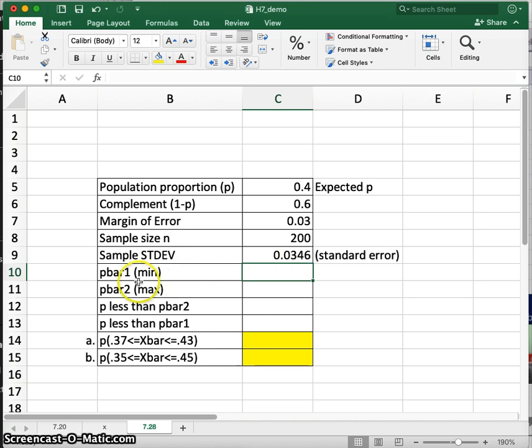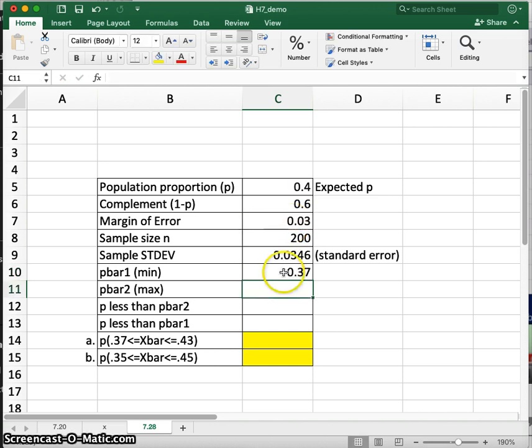Right now I want to figure out what my minimum P bar would be in this problem. It would equal my expected P, which is 0.4, minus 0.03. If 0.4 is the population proportion, or we're assuming that it is, then when we take a sample we would expect P to be 0.4.